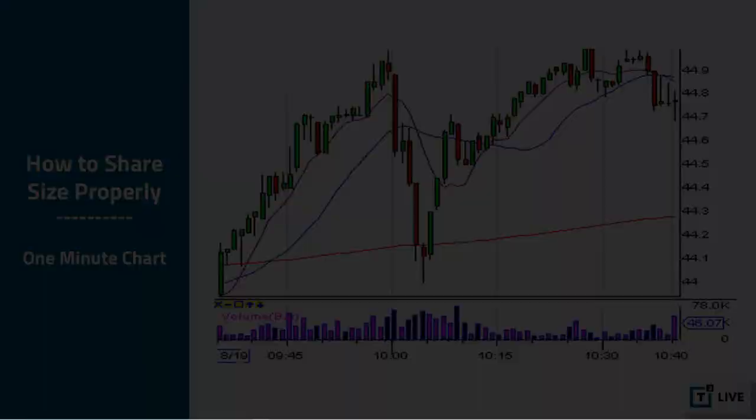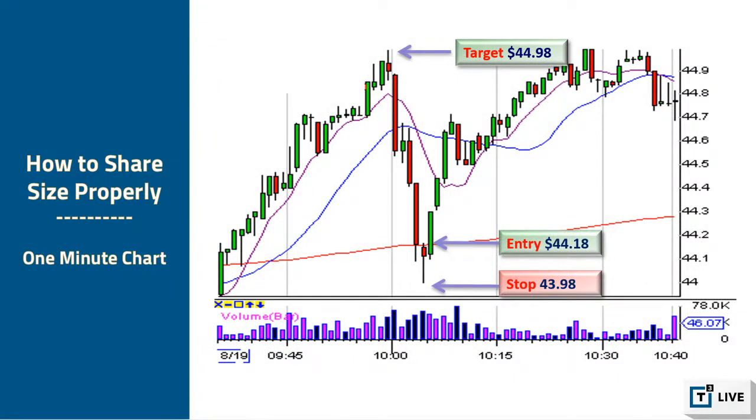That was the first time that I heard about risking a constant amount, not just buying the same share size. Like I used to buy 500 shares of everything, or 1,000 shares of everything. And I don't do that anymore. I have a formula that I follow religiously on all my trades.